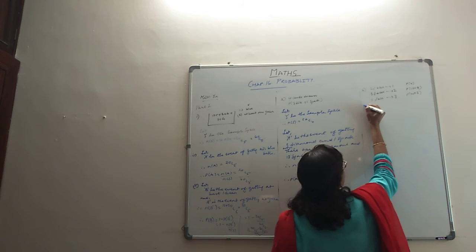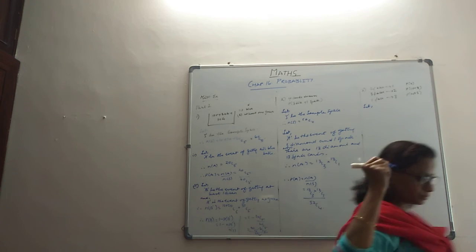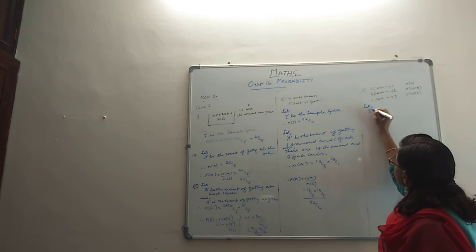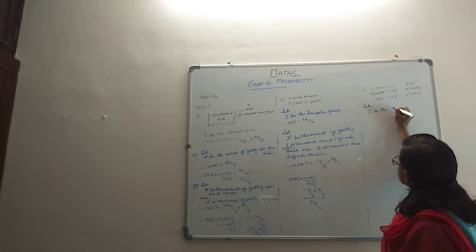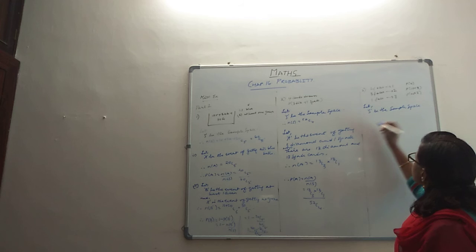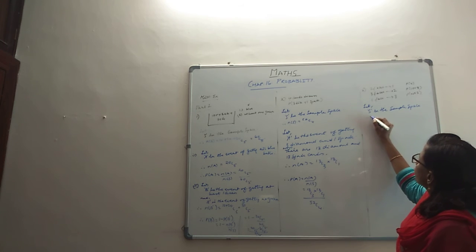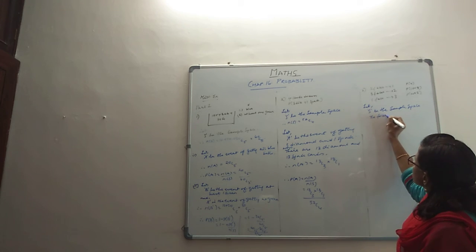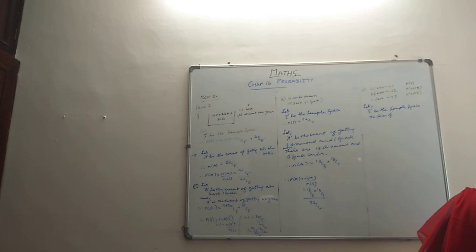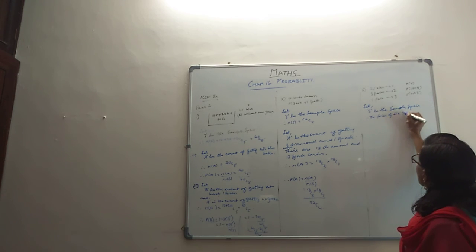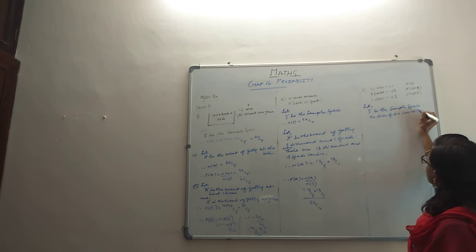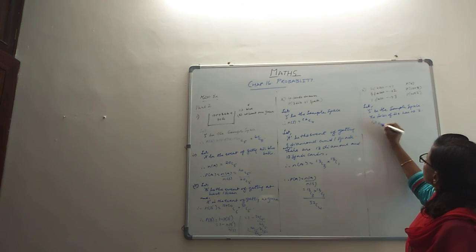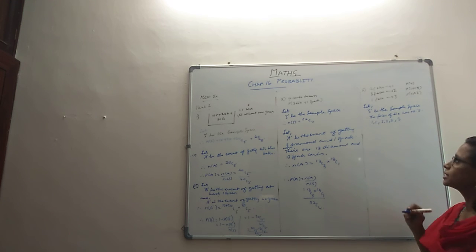So let S be the sample space, and therefore the faces of the die have numbers 1, 1, then 2, 2, 2, and 3.